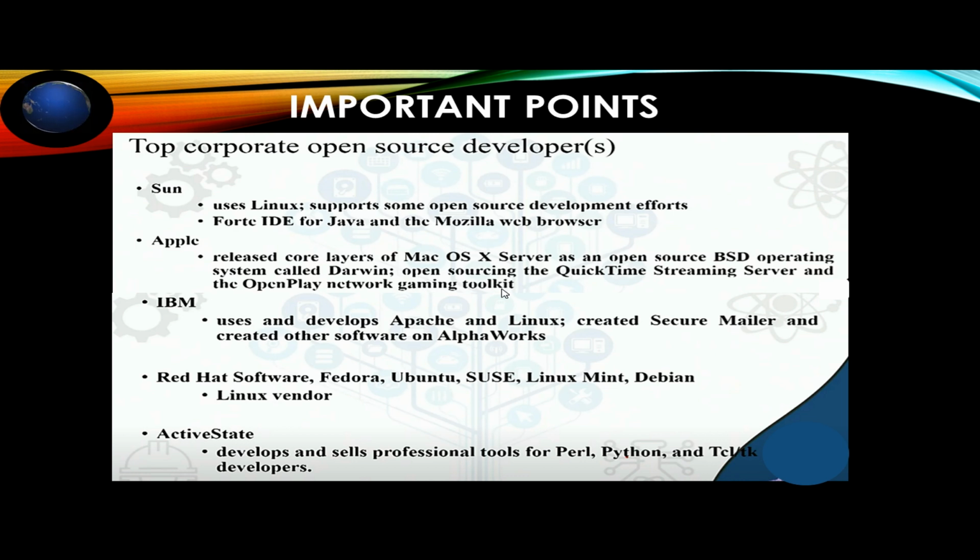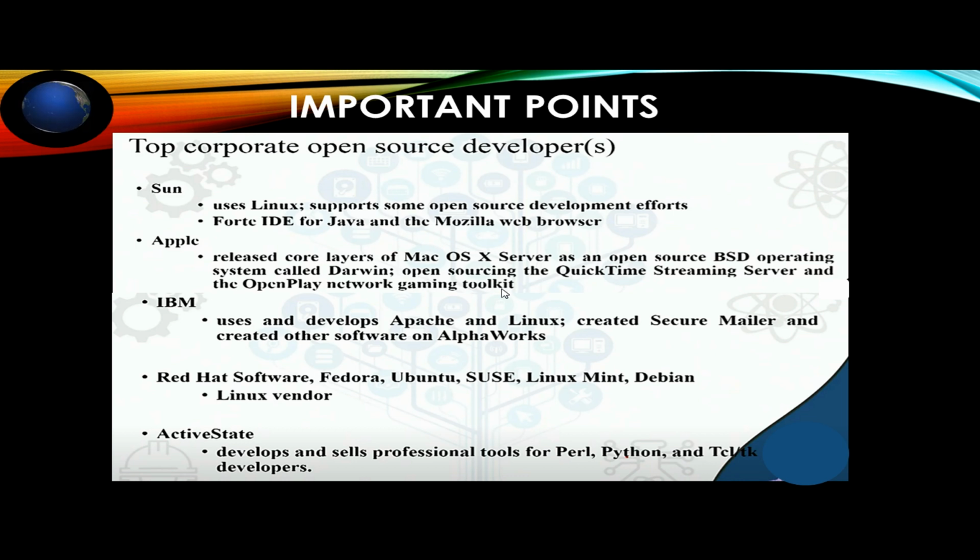Apple has the core Mac operating system servers, also openly available. Generally the operating system is called Darwin. Open sourcing of QuickTime streaming servers and Open Play network gaming toolkits are also available with Apple.